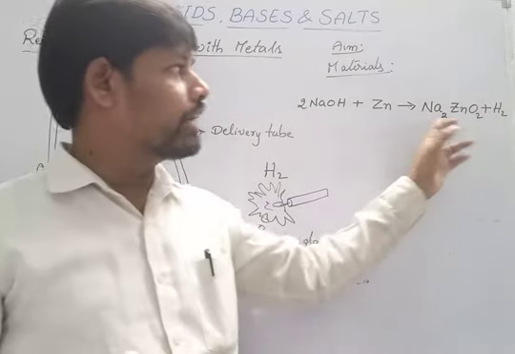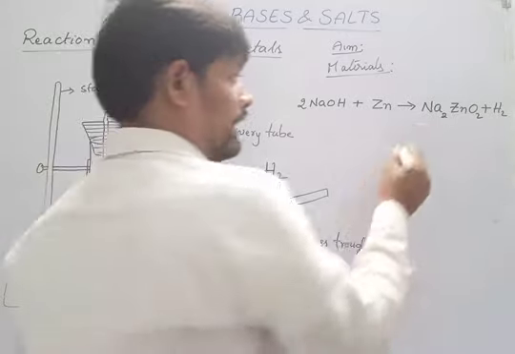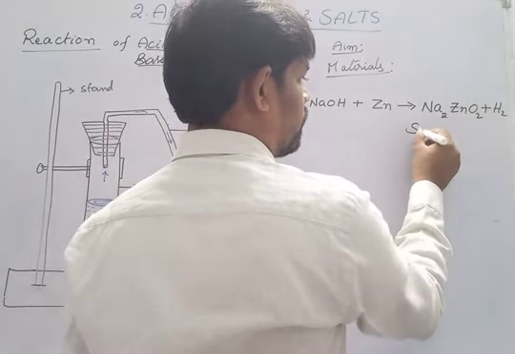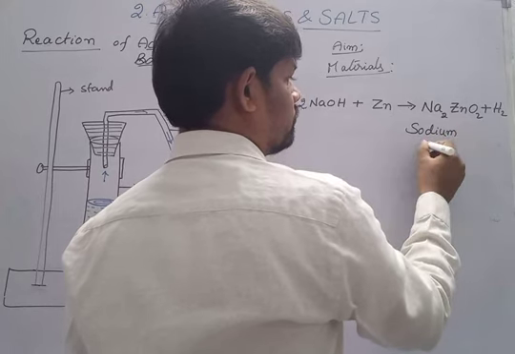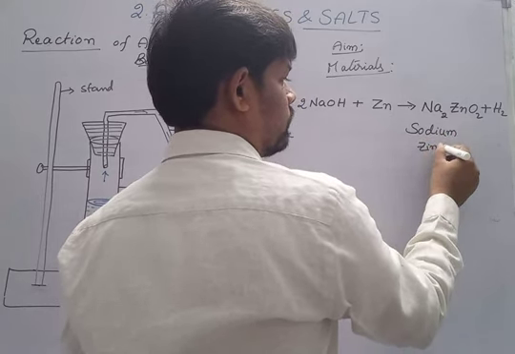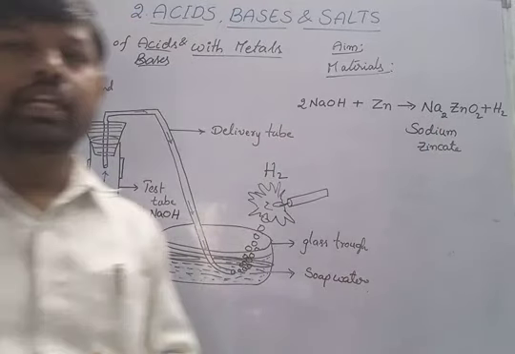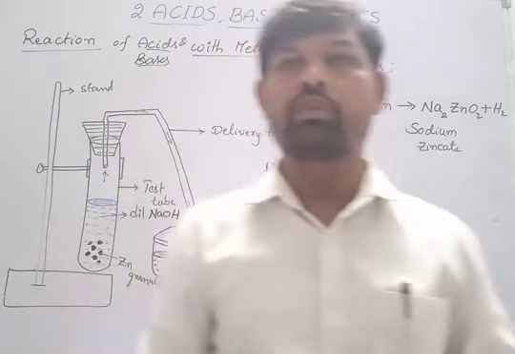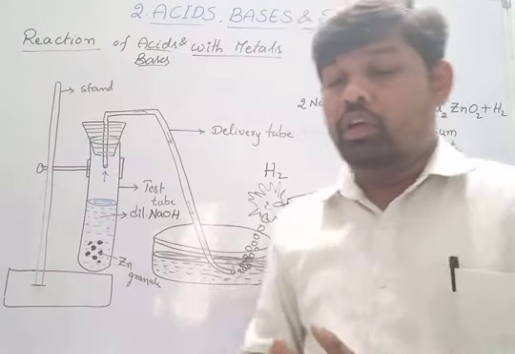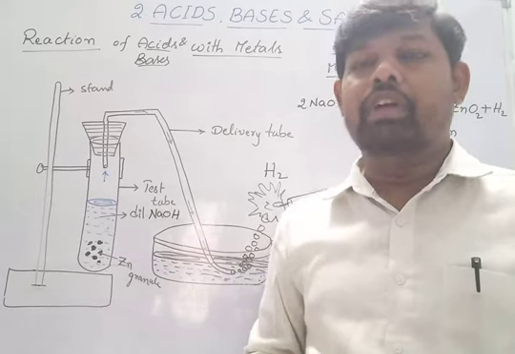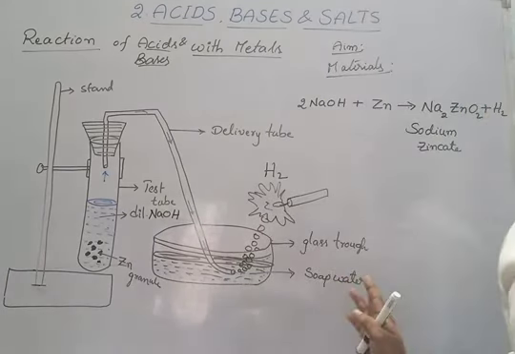This Na2ZnO2 is called sodium zincate. What is the formula of sodium zincate? Na2ZnO2.